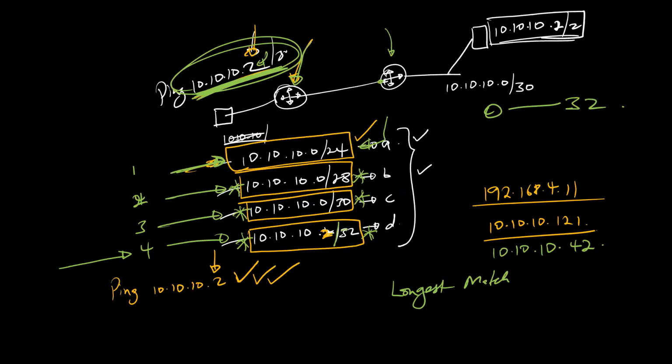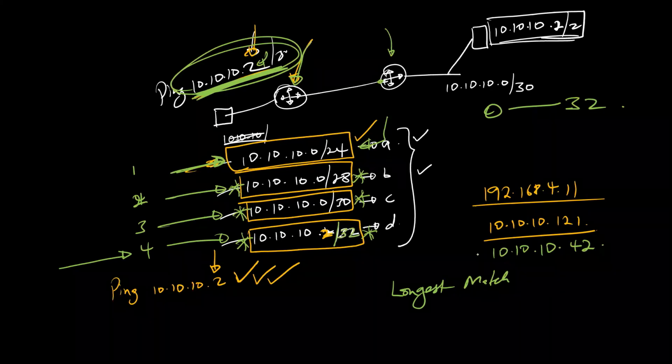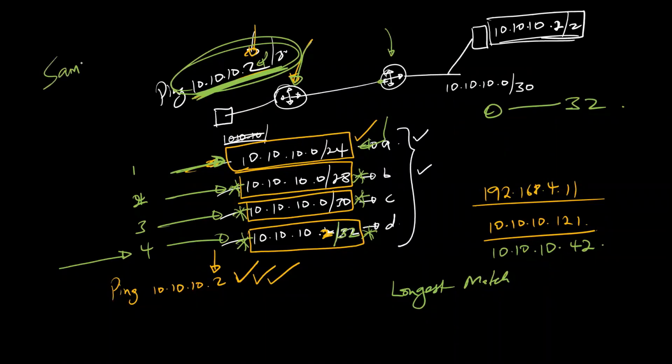It has the longest match. Now, when we talk about selecting by preference and metric, we are assuming the longest match is the same. If there is a difference in the longest match, it will always first choose the longest match. Are we together?